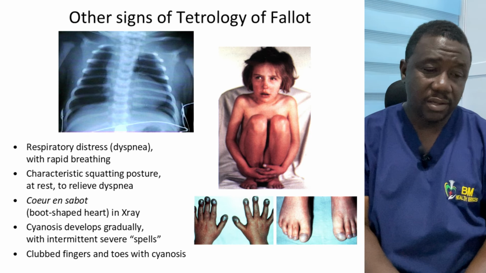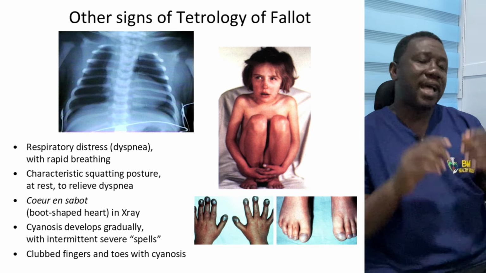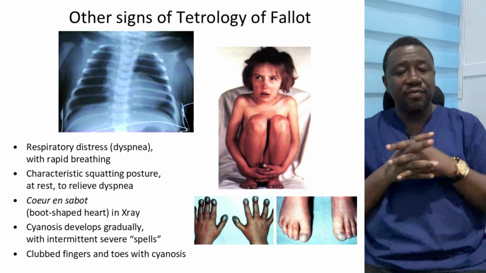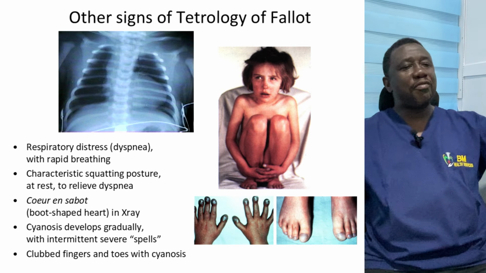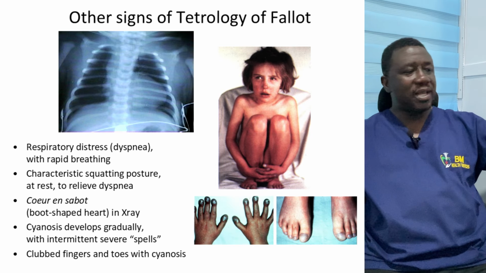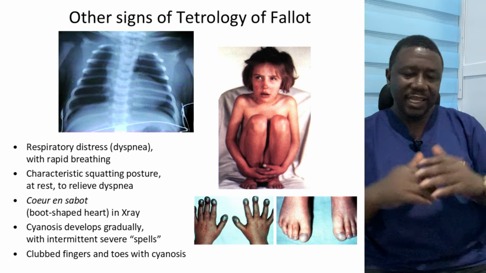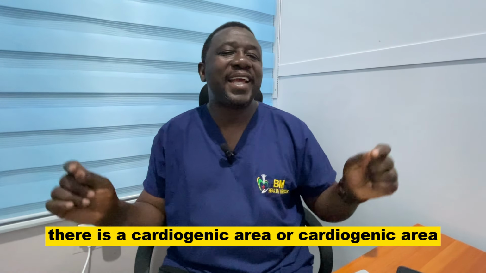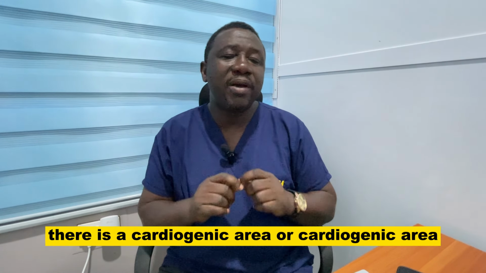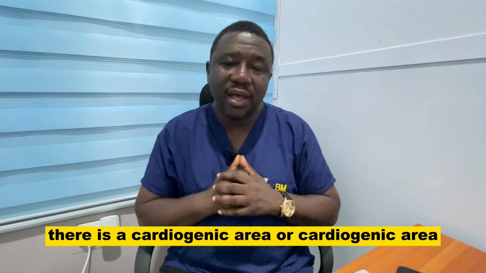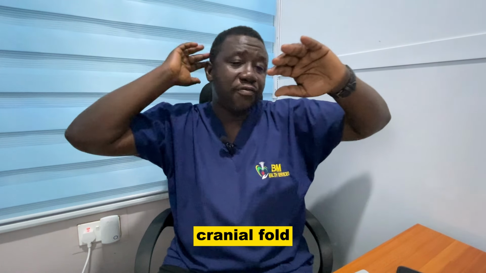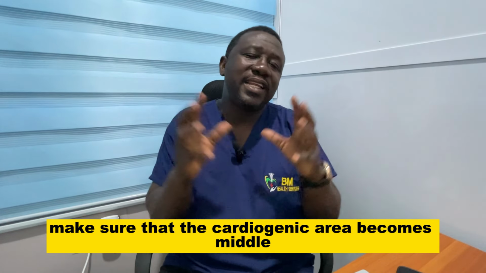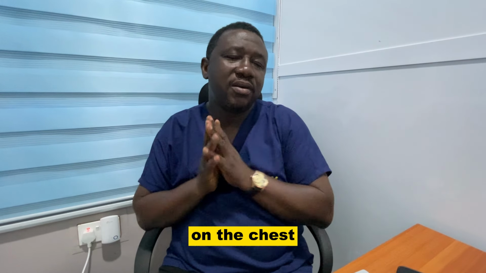Number one, we should know that formation of the heart is a unique procedure. At the lateral fold of the mesoderm, between the lateral fold and the endodermal layer, there is a cardiogenic area. During the cranial fold, the cardiogenic area becomes positioned in the middle, in the chest.